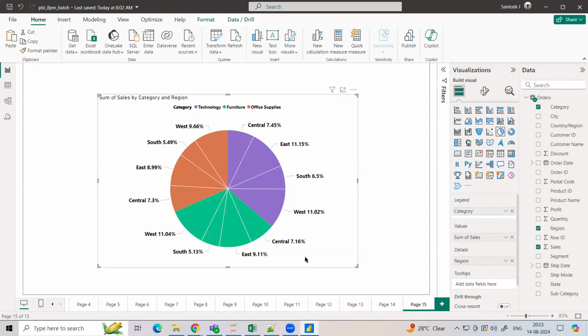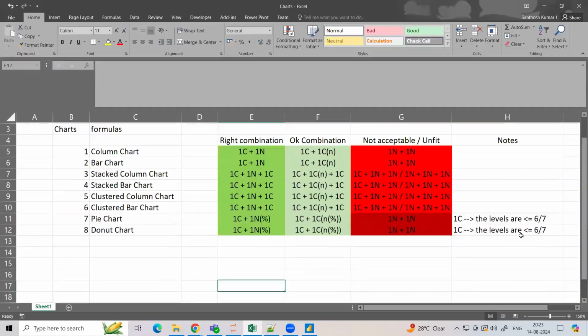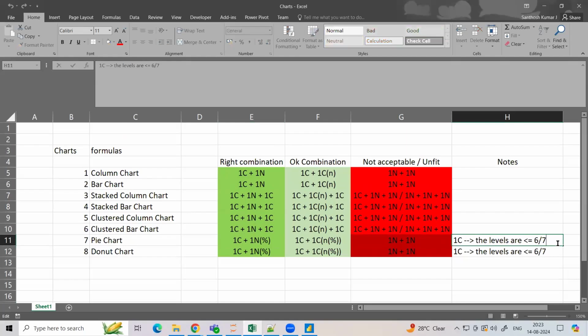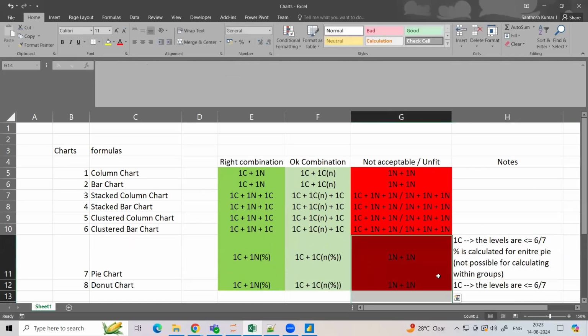Okay, so let's make some notes. The second note is: percentage is calculated for the entire pie, meaning overall. It is not possible to calculate within a group. This is a note for us.